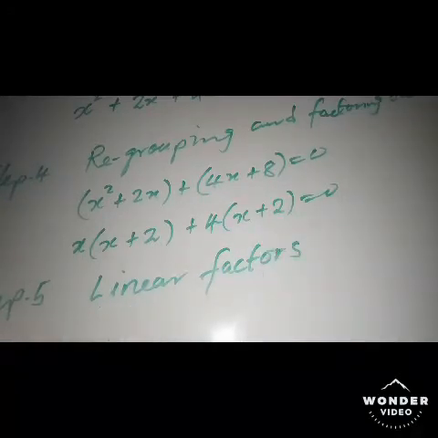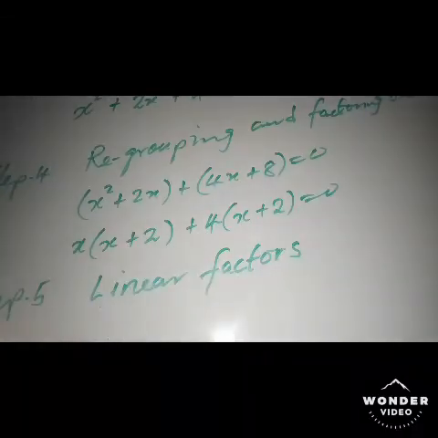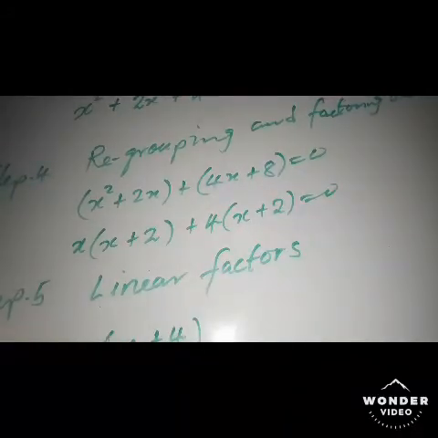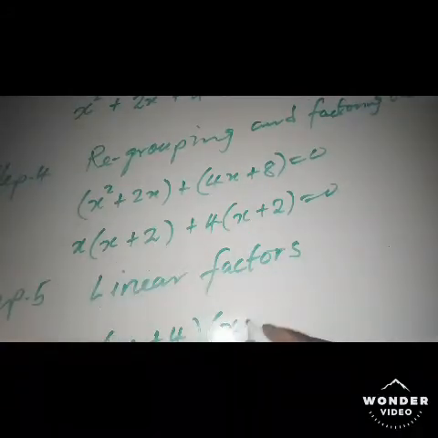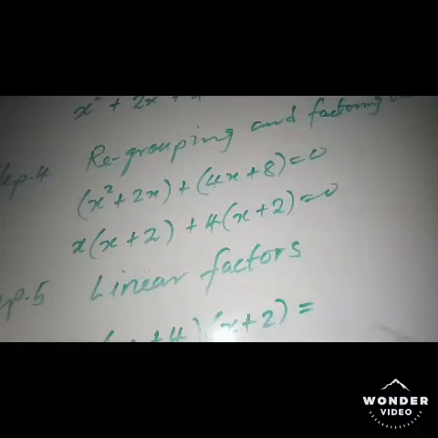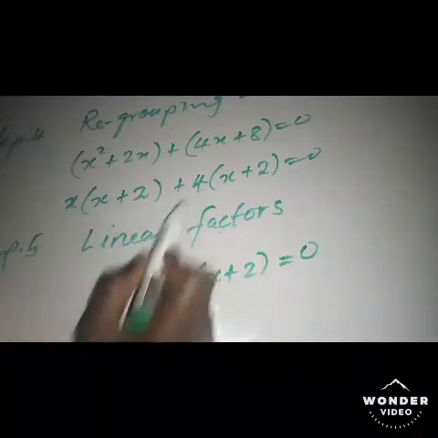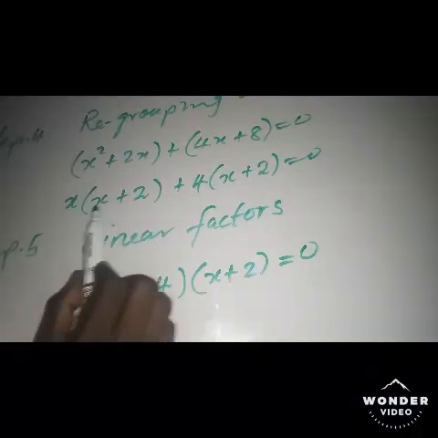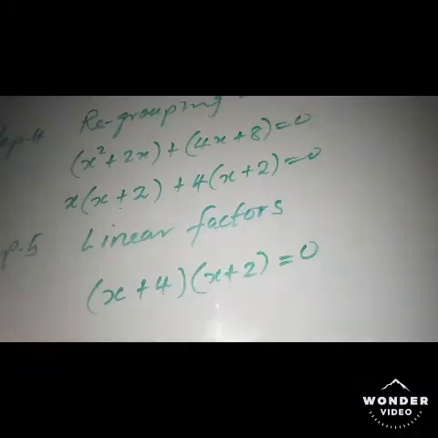So I consider those numbers that are outside: x and 4 make my first linear factor, x plus 4, enclosed in a bracket. The second one, I take any one of these, x plus 2, and I equate it to 0. So x plus 4 is the first linear factor, while the second linear factor is any one of these, since they are the same. We are done with that one.